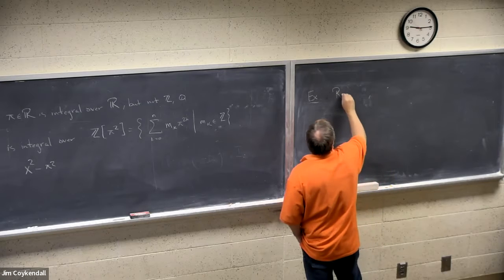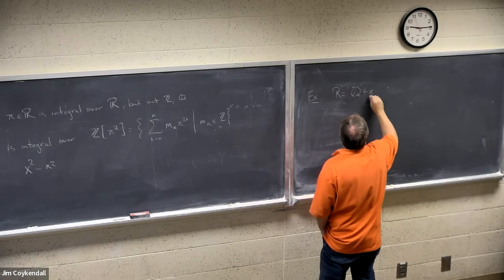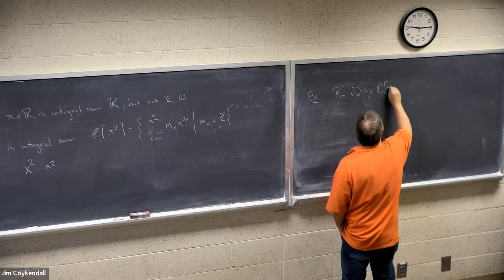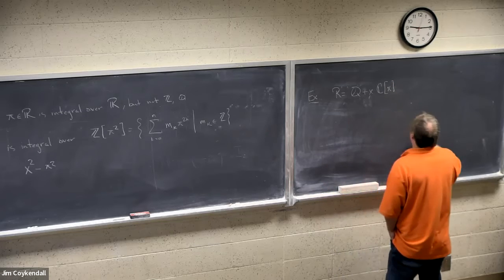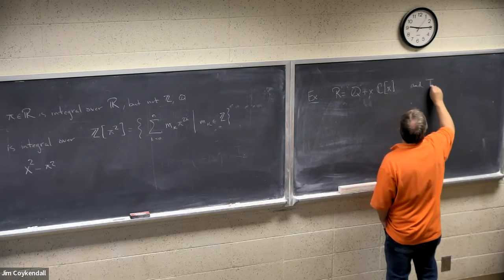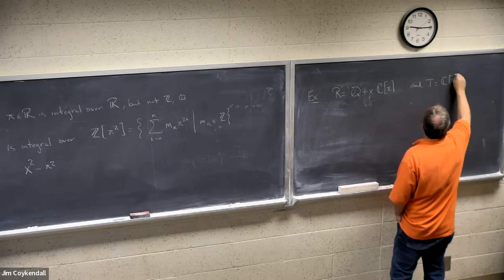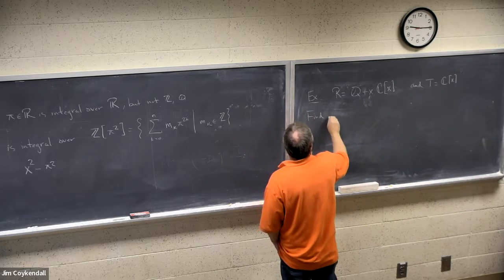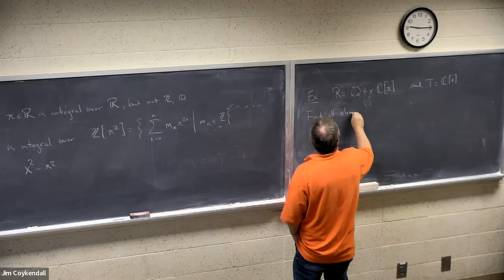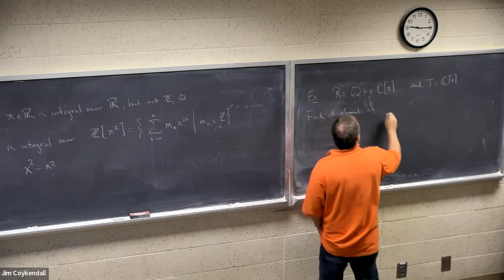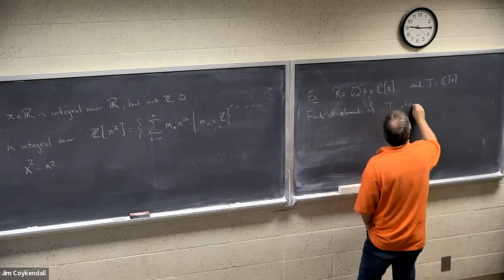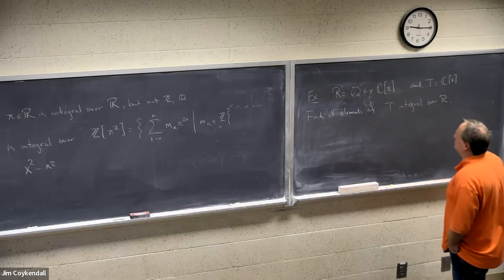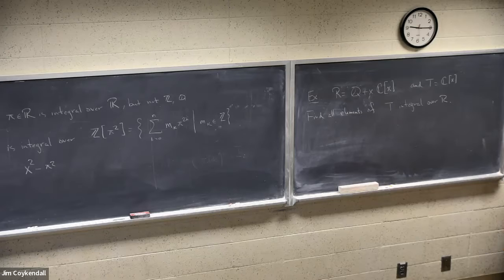Let R equal this ring. Find all elements of P that are integral. Anybody want to take a guess at that?